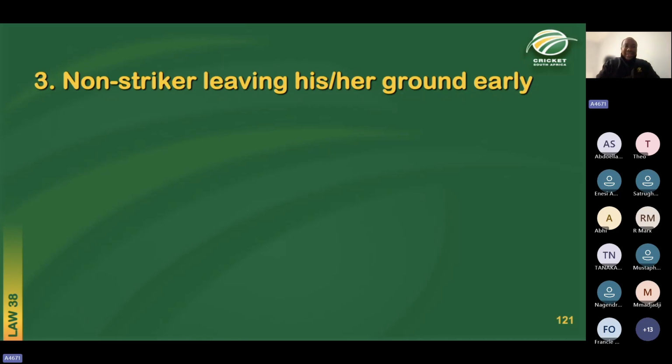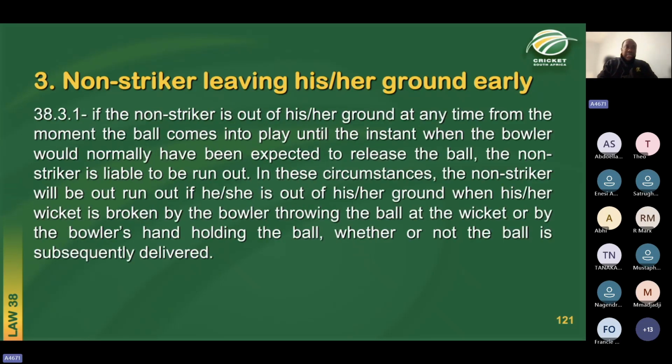Now let's look at the non-striker leaving his or her ground early. Is the bowler allowed to run the non-striker out? Yes, I'm sure we have all seen it before. It is commonly referred to as a Mankad dismissal.